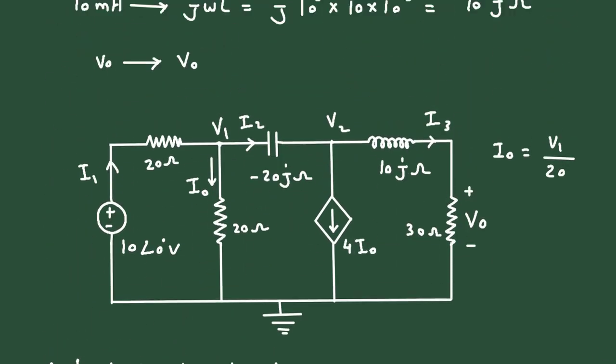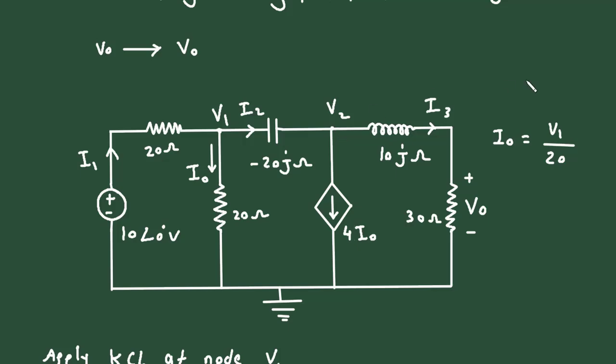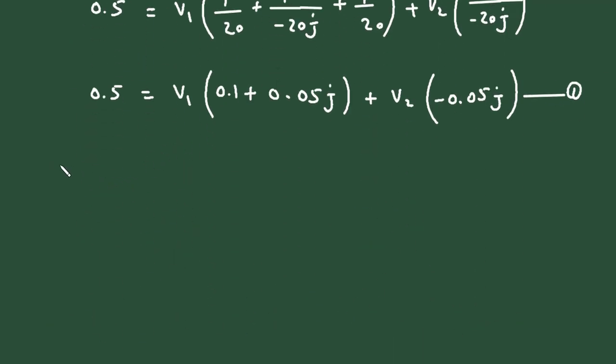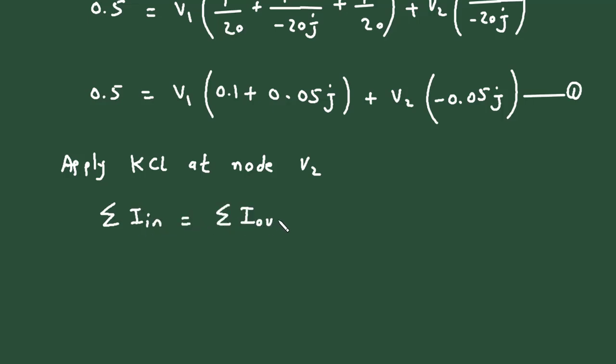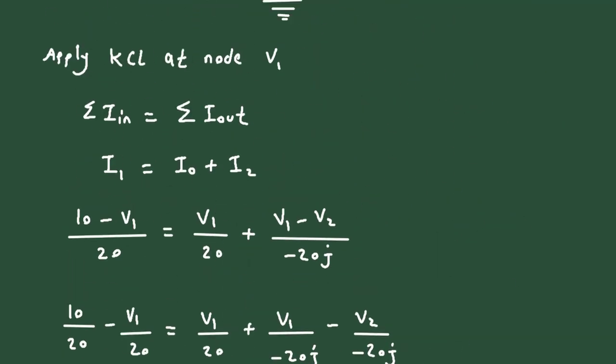Now next we will apply KCL at node V2. Again, according to KCL, summation of all the currents entering a node is equal to summation of all the currents leaving the node.